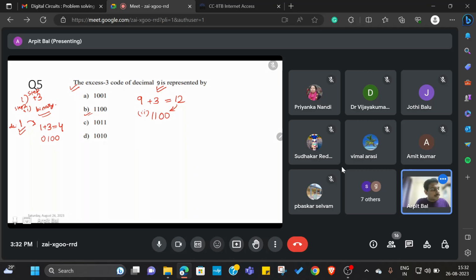Can anyone tell me what is the use of this XS3 code? Any guesses?